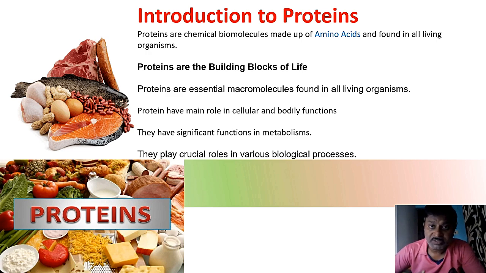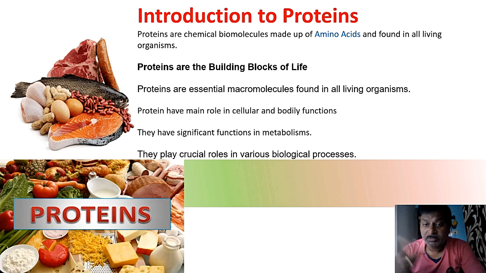These protein biomolecules are chemically made up of amino acids. These amino acids are the simplest chemical components that form the proteins. Proteins are found in all forms of living organisms, from the small virus to the biggest animals, like the dinosaur or the elephant.